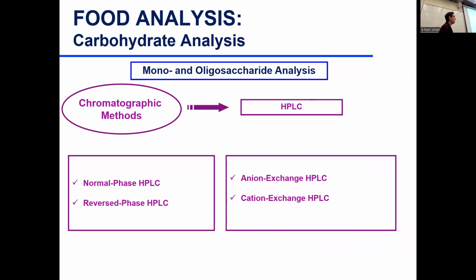We usually pick one based on what we have in the lab, what columns we have, what expertise we have, what publications are out there. But all of these have been used for analysis of mono-, di-, and oligosaccharides. So we can use normal phase, reverse phase, anion exchange, and cation exchange. And I'll give you examples of all of that.